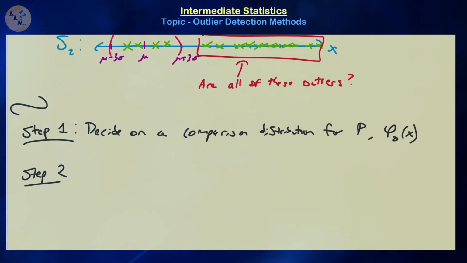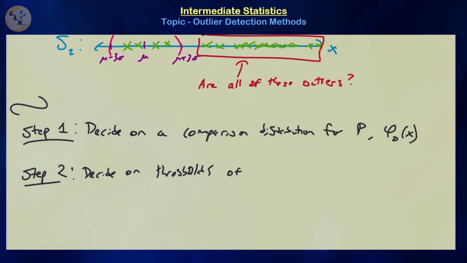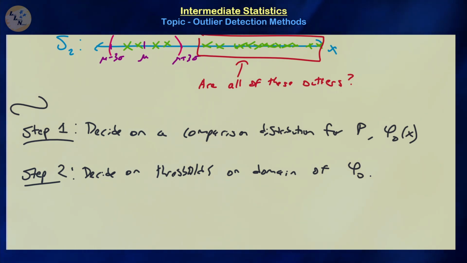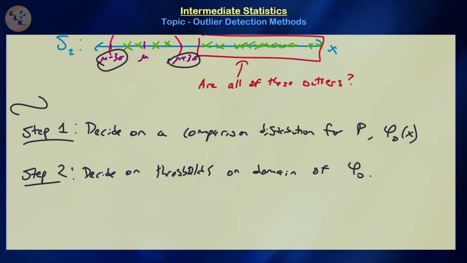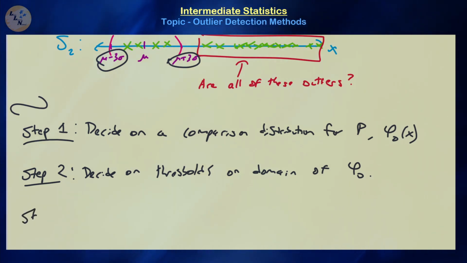Then, step 2, we need to decide on thresholds on the domain of our function phi 0. That is what our cutoff is going to be. In the particular example I was talking about, mu plus or minus 3 sigma would be our threshold cutoffs for outlier detection.